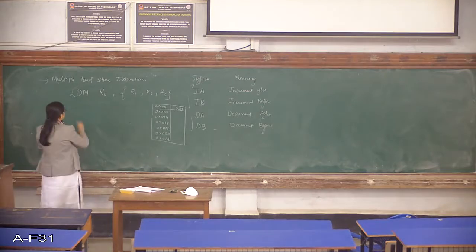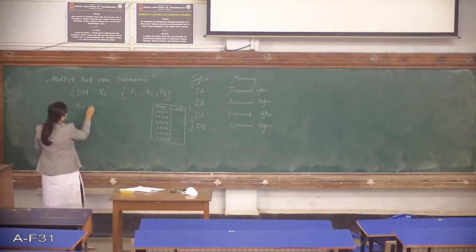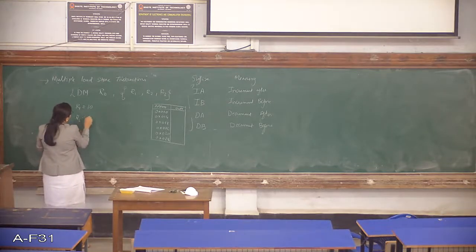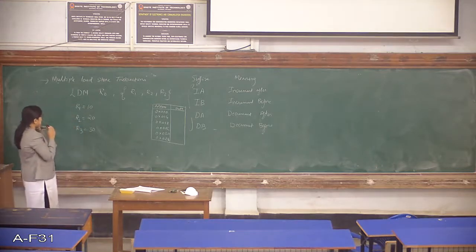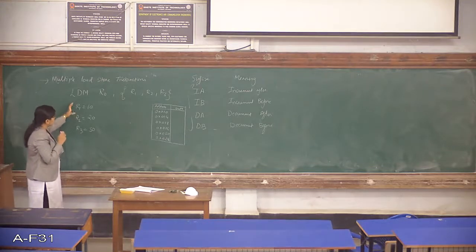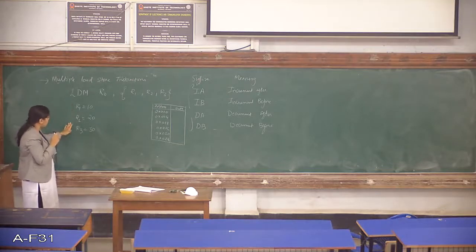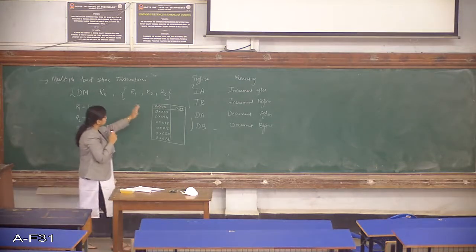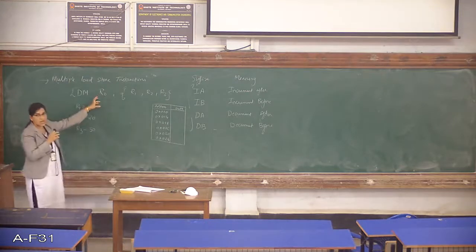Let us assume in R1 I have some value as 10, in R2 I have some value as 20, and in R3 I have some value as 30. Now what exactly does this load instruction do? This instruction transfers the data from R1, R2, R3 with the memory address pointed to by the register R0.